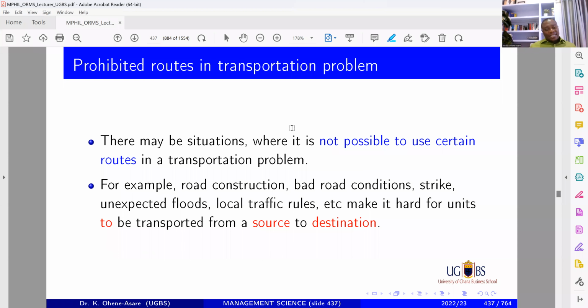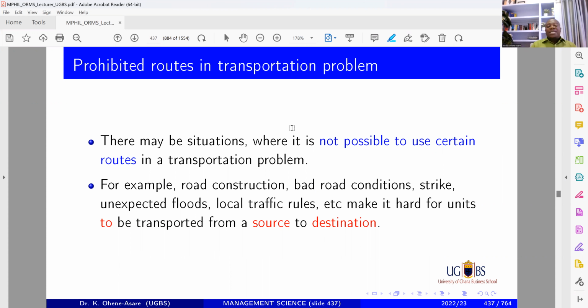You can't use the red line, the Central line. You can't use any. So the reason is because something is going on there. There is a road construction. There is a bad road condition. There is a strike action. There is some unexpected flood, making it very difficult to use that road. And as a modeler, you got to incorporate such uncertainties or such certainties into the model.